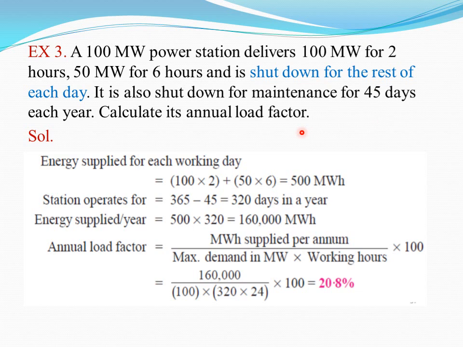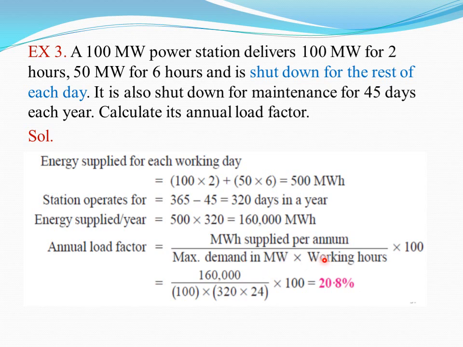In this problem, for solving all these things we have to go in the reverse order. First we have to know the load factor. Write the formula for load factor. This is the formula: it is the ratio of units generated or energy supplied in the year. The question asks for the annual load factor, so you have to consider it per year, divided by the maximum demand into the total number of hours.